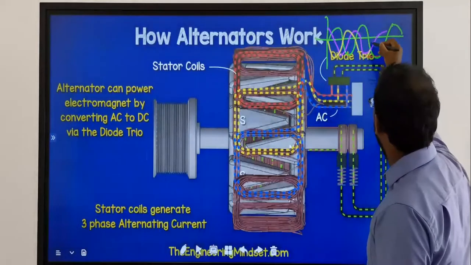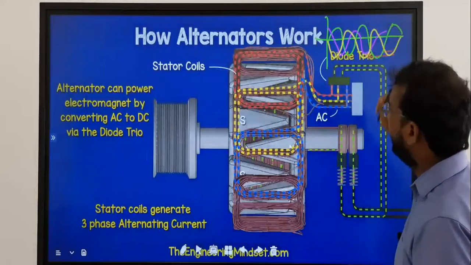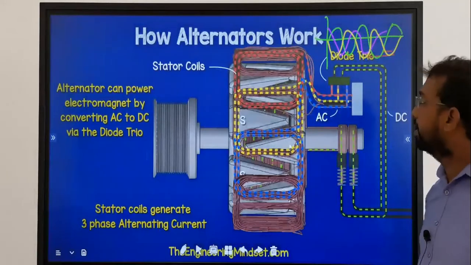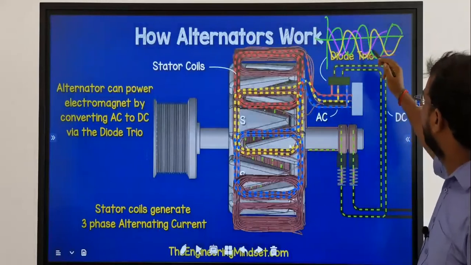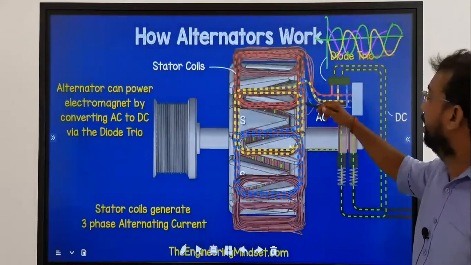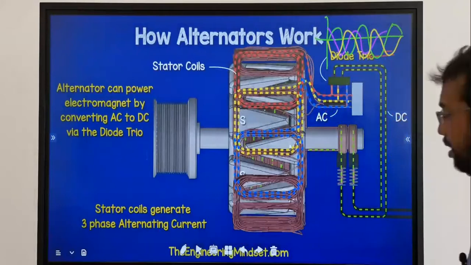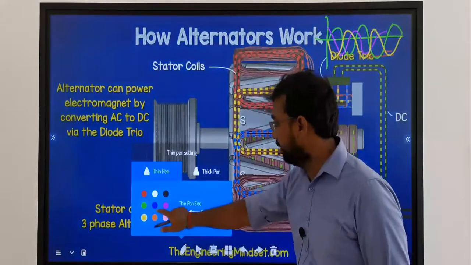The three colors mean there are three phase currents. So I show the difference by color. This is the three phase current, and I show one current first, the green, because that is easy.